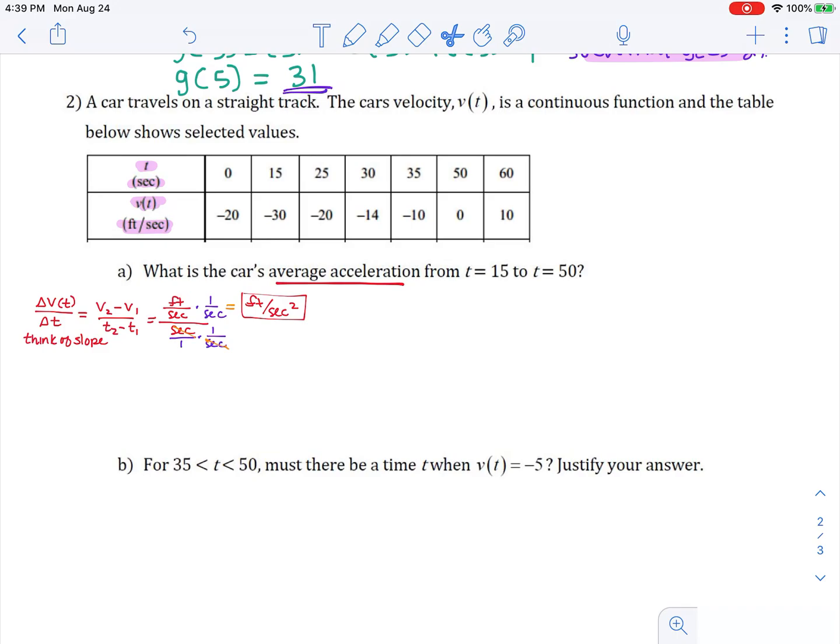All right, I'm going to shrink that down so that we can actually do the work for that problem. So now we want to find the average acceleration from time 15 seconds to 50 seconds.